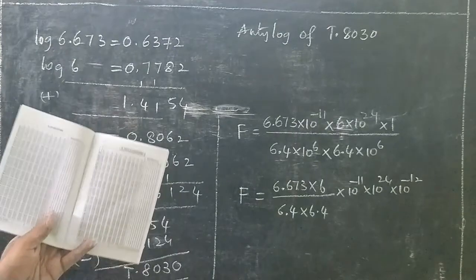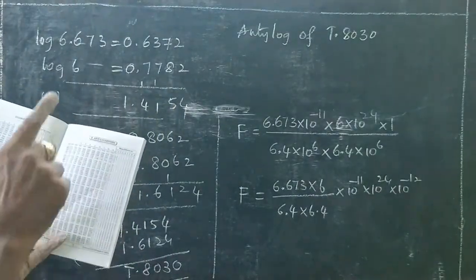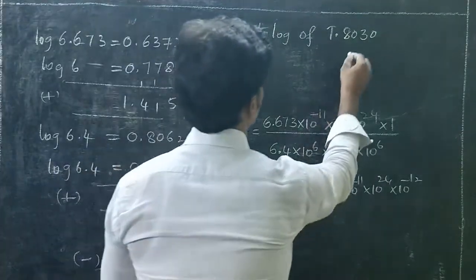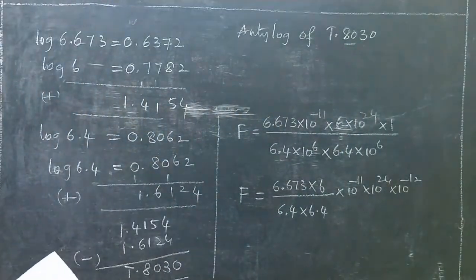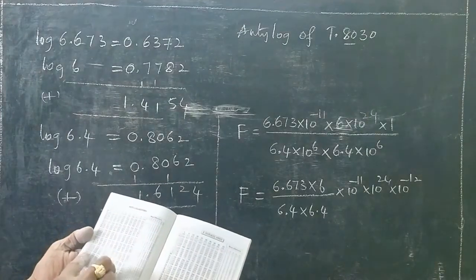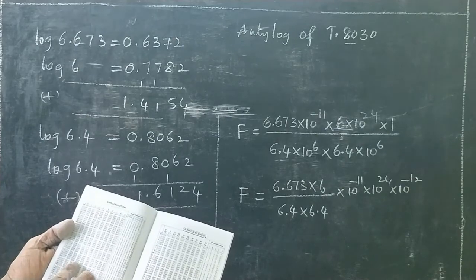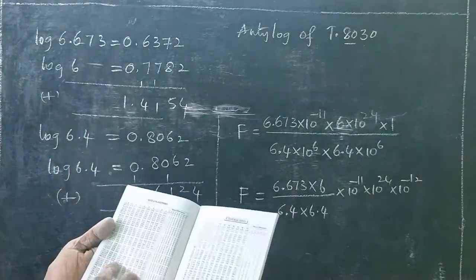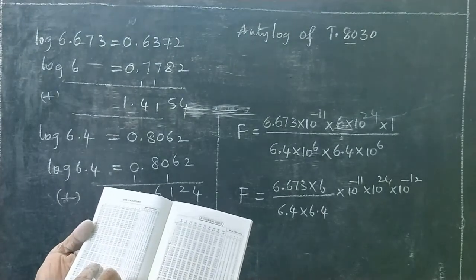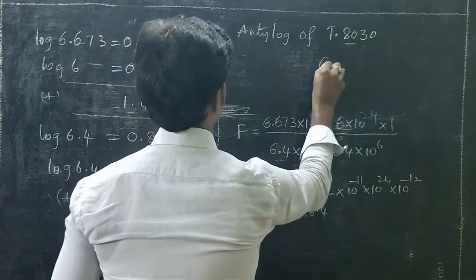So in the anti-logarithm table, we calculate 0.803. For 0.803 we have 6353.